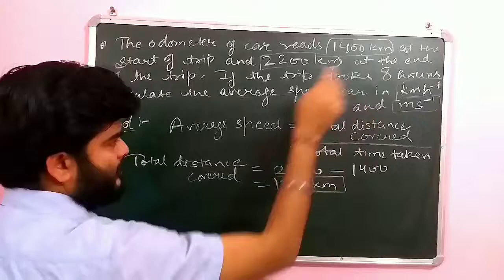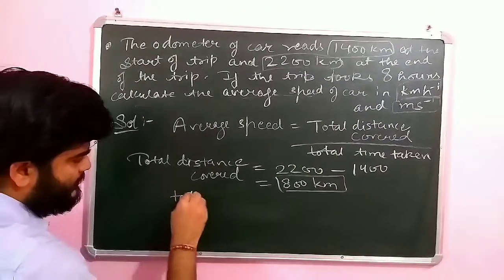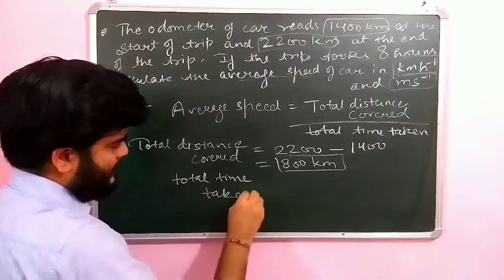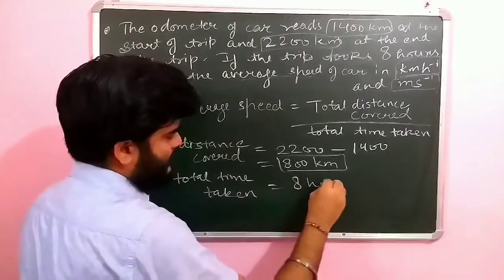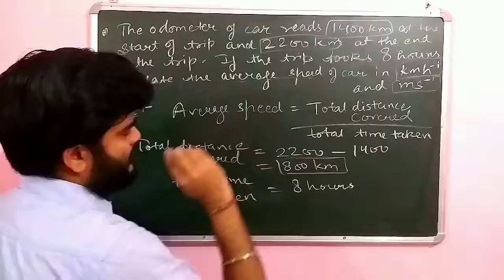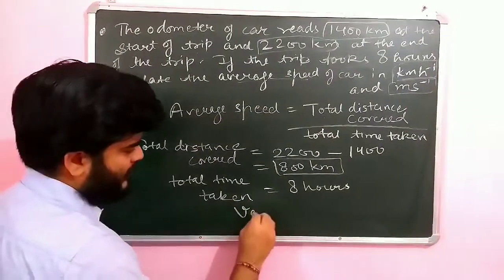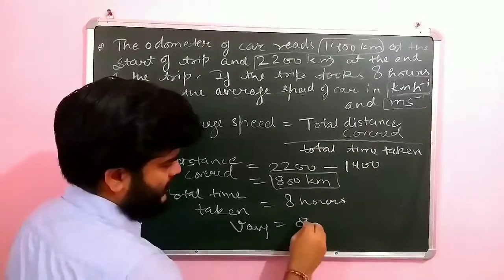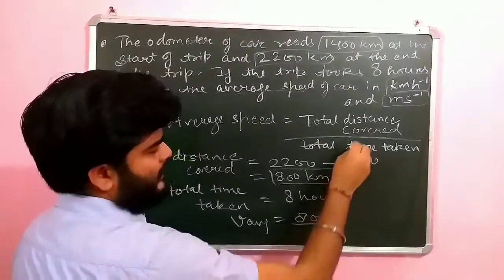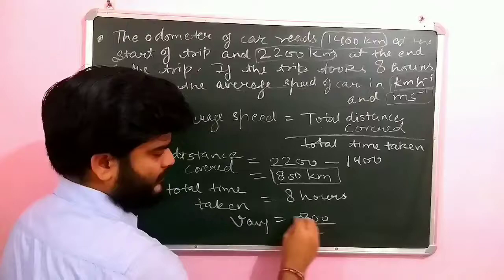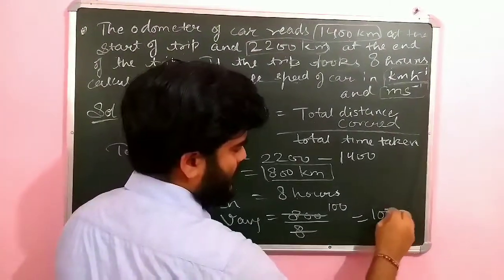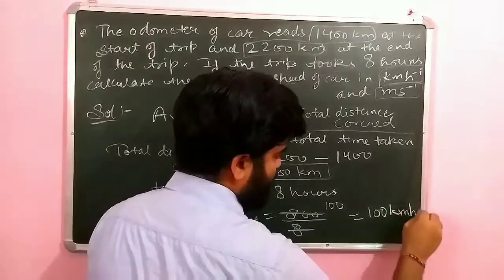Total time taken is already given, 8 hours. Put the values in the formula. The distance covered is 800, time is 8 hours. When you divide, this comes out to be 100 kilometer per hour.